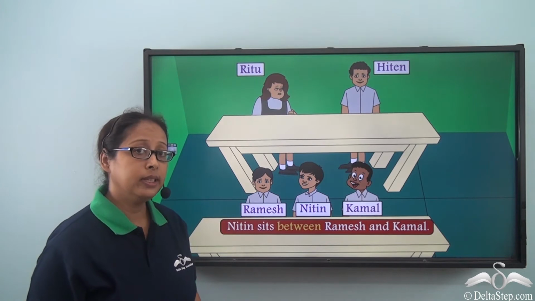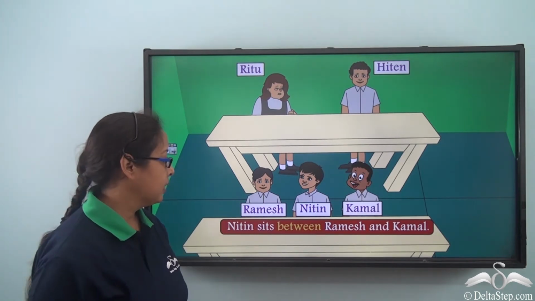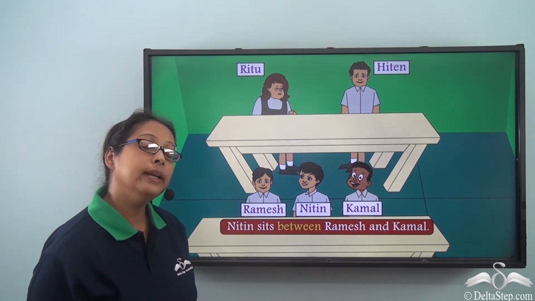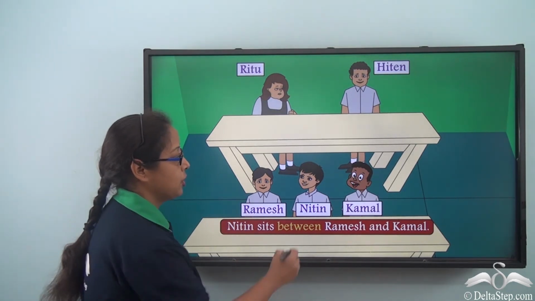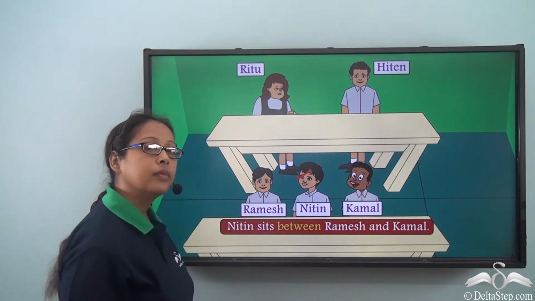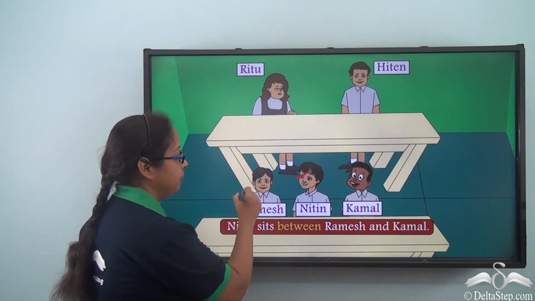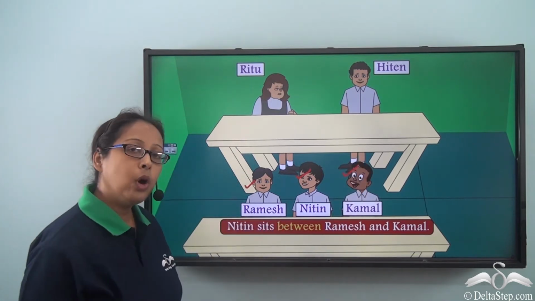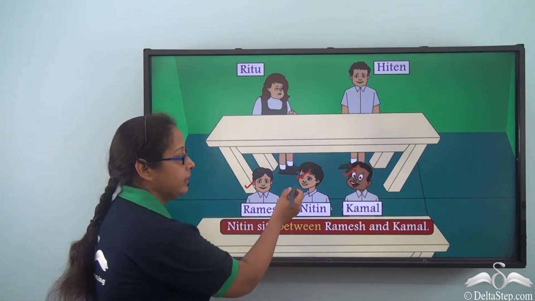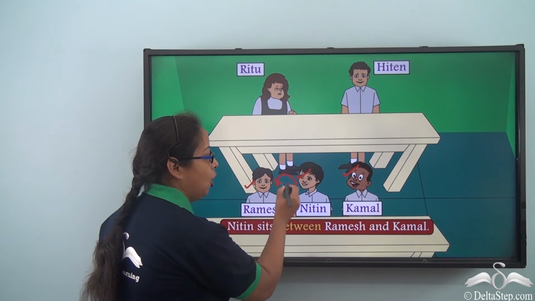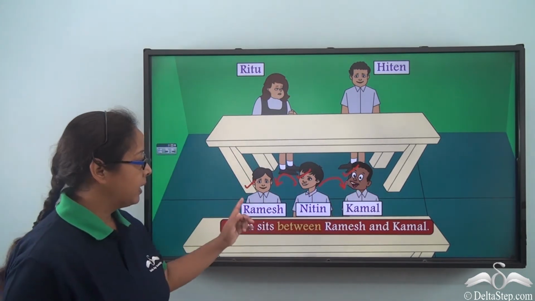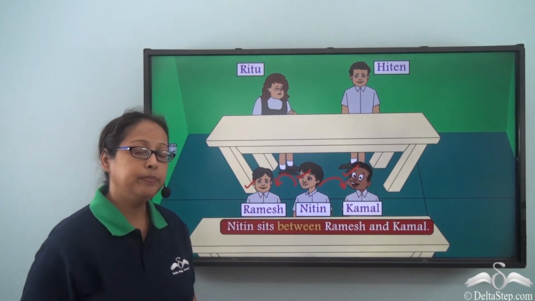Now let's take a look at the classroom again. Nitin sits between Ramesh and Kamal. So here is Nitin, we have Ramesh here and this is Kamal. Now what are we saying? That Nitin is in the middle of these two boys, Ramesh and Kamal.